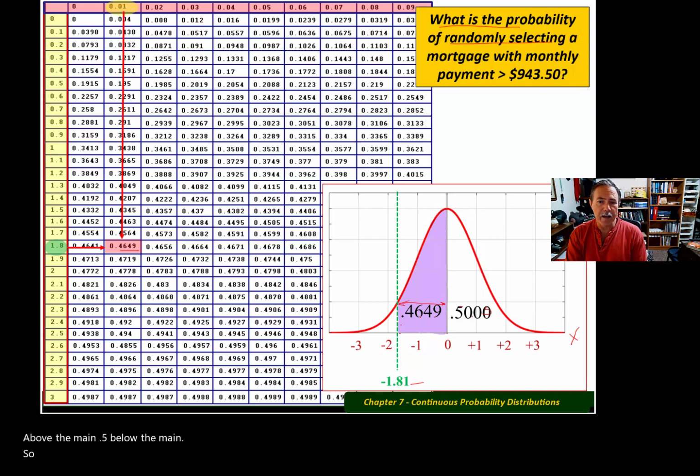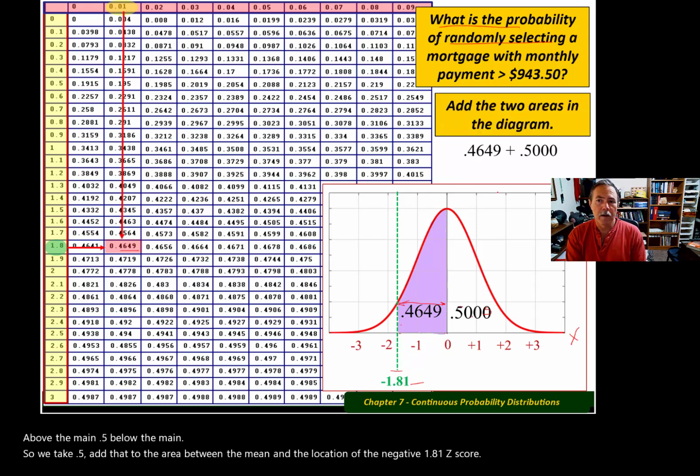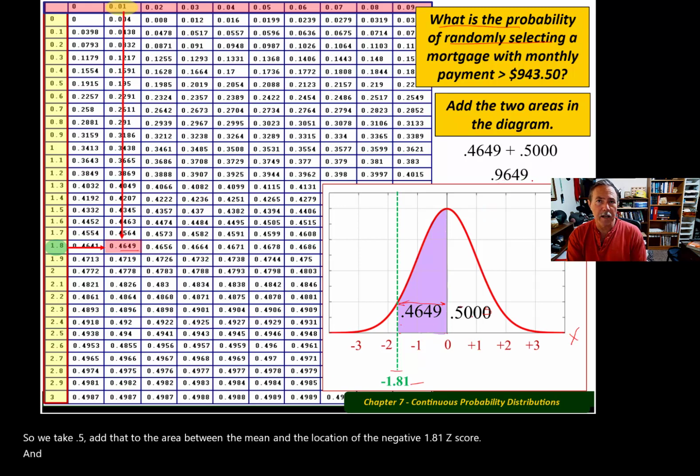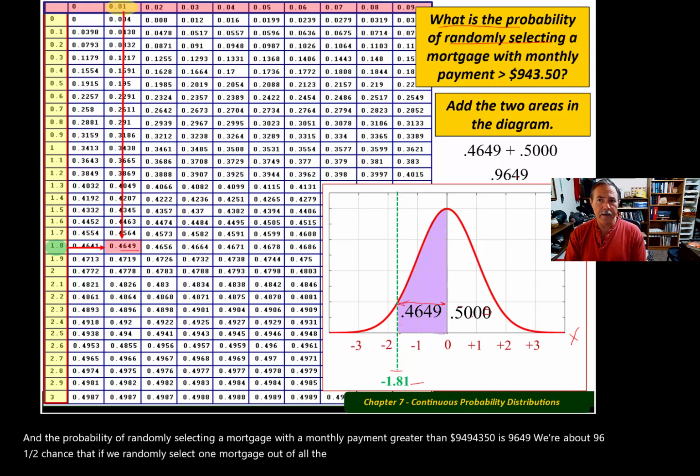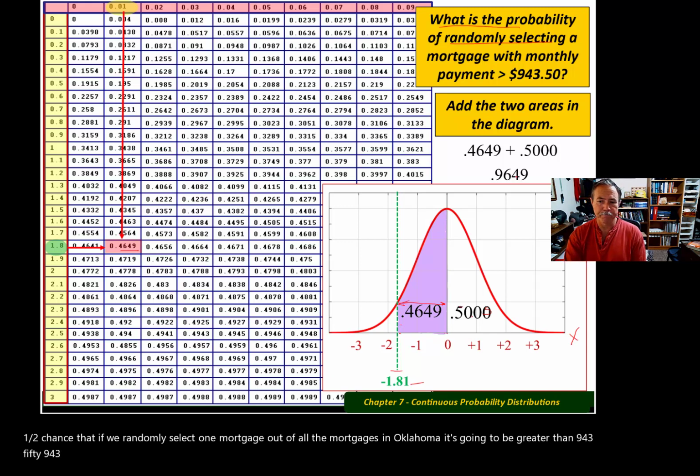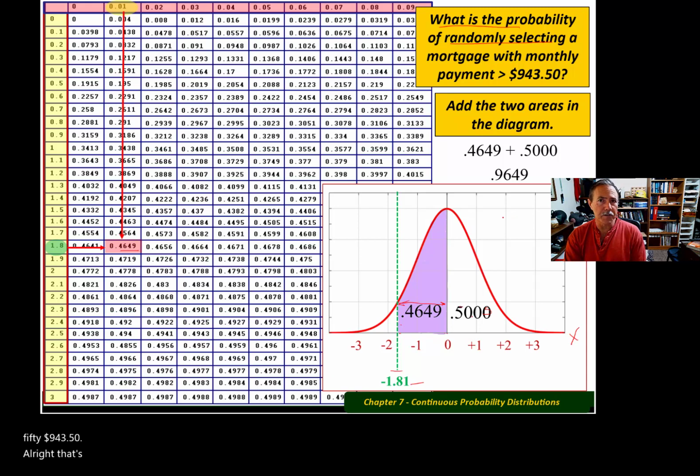So we take 0.5, add that to the area between the mean and the location of the negative 1.81 z-score, and the probability of randomly selecting a mortgage with a monthly payment greater than $943.50 is 0.9649, or about 96.5% chance that if we randomly select one mortgage out of all the mortgages in Oklahoma, it's going to be greater than $943.50.